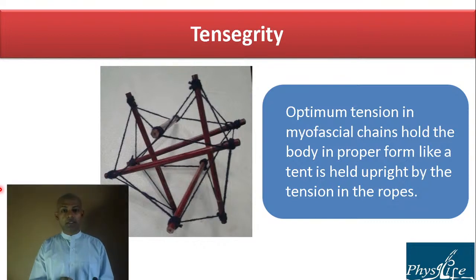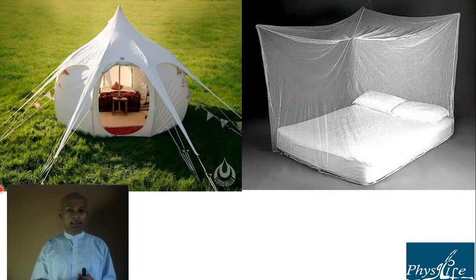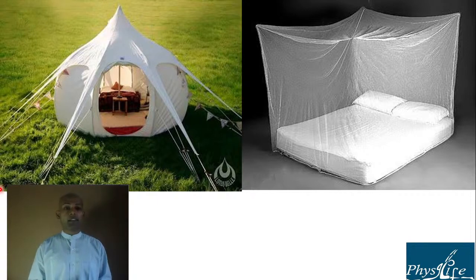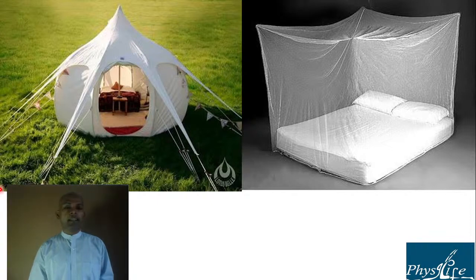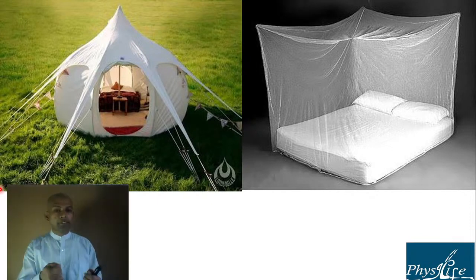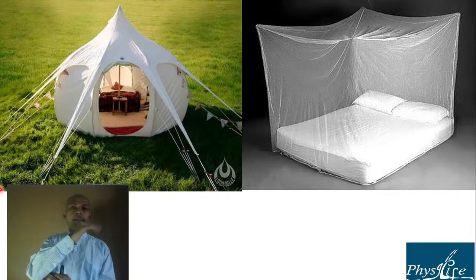The string here was representing myofascia. So in our tent example, the pole of the tent is representing the pencil. On the other hand, the ropes of the tent represent the tension of the myofascia. Now, to have the tent poles erect, you have to have equal tension in all directions. Otherwise, what will happen? The pole will be tilted on one side.